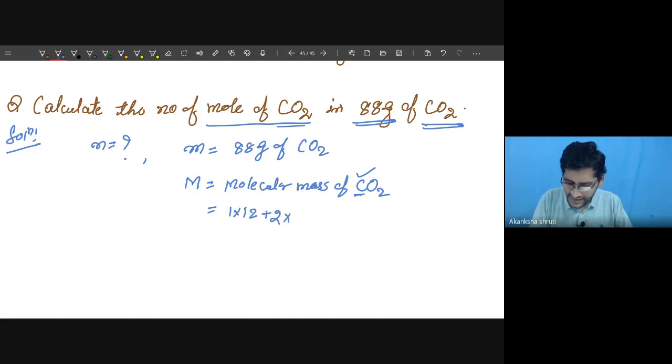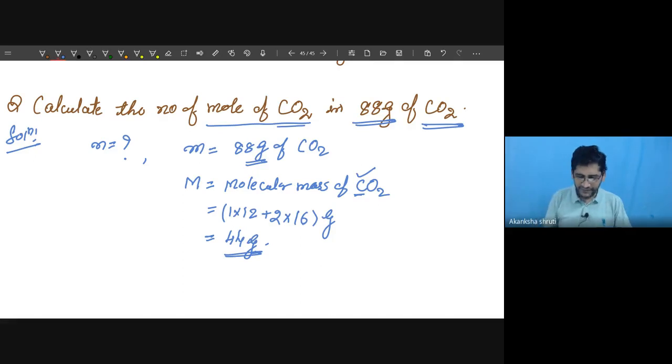And for oxygen, the mass is 16. And this should be in which unit, student? Gram, because the given mass is in gram. So we need to take the molar mass or molecular mass in gram. So adding 2 into 16 is 32 plus 12 is our 44 gram. These two things we have calculated.